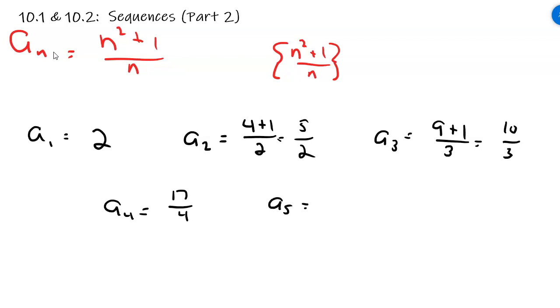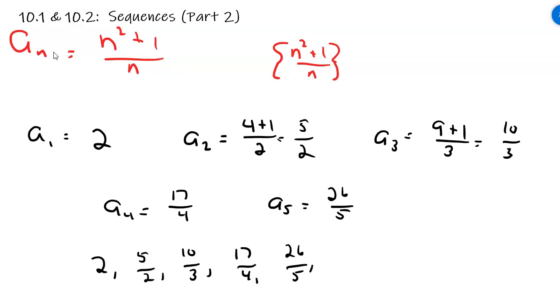The fifth term then, 5 squared is 25. Add 1, I get 26. So if I start writing out the terms of my sequence, I'm going to get 2, 5 halves, 10 thirds, 17 fourths, 26 fifths.